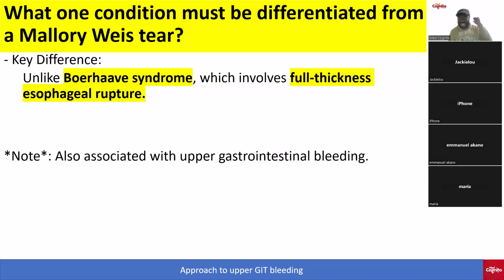We've already answered that, but because I want to emphasize that point, it's Boerhaave's. Unlike Boerhaave's, which involves full thickness esophageal rupture and is also associated with upper GI bleed, Mallory Weiss is also associated with some upper GI bleed, but usually it is very minimal. So as soon as you learn about Mallory Weiss, also don't forget to learn about Boerhaave's, because they go together and you must learn how to differentiate between them, right?